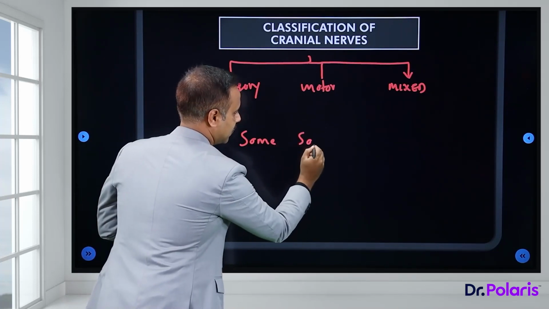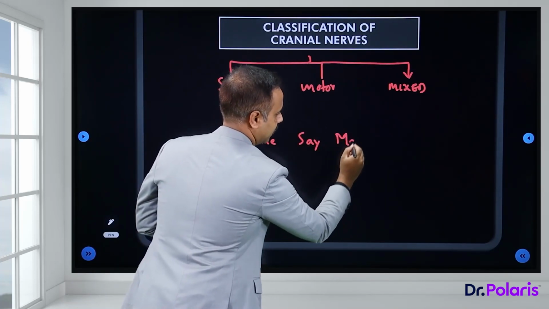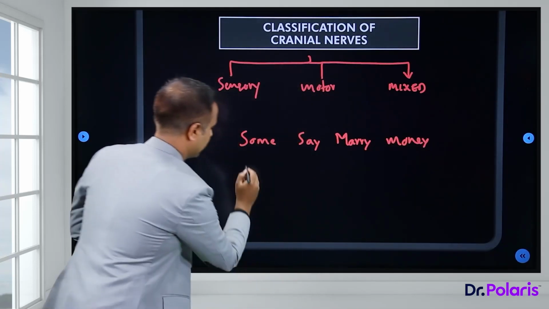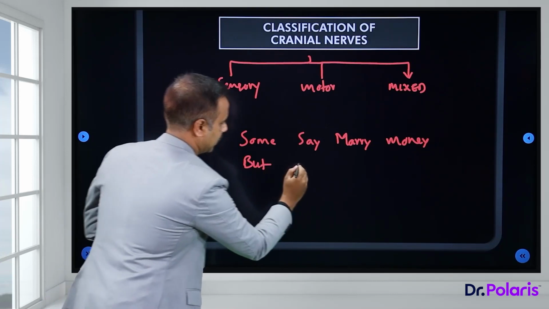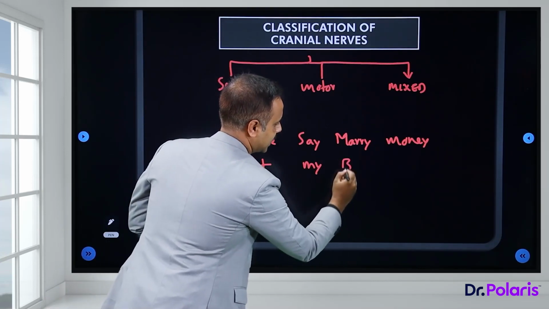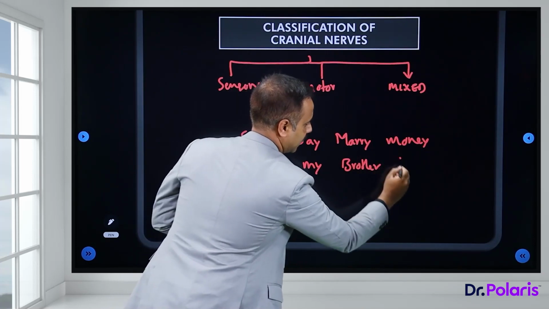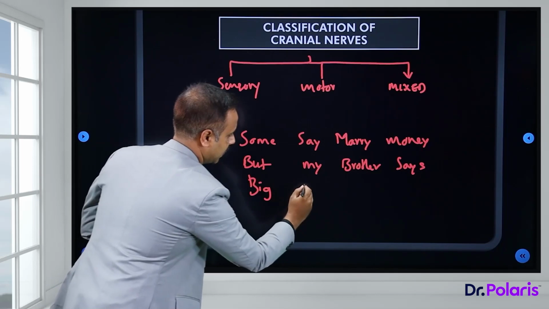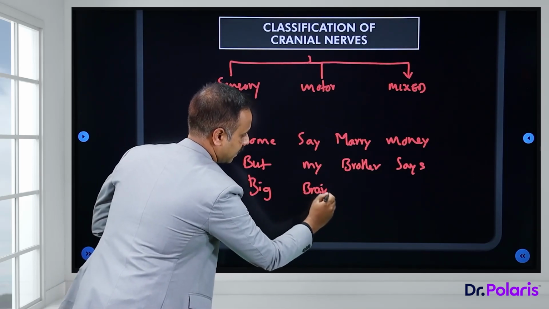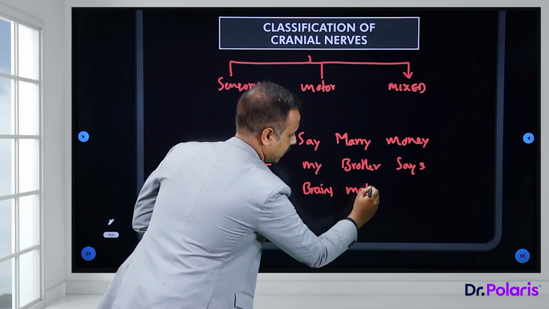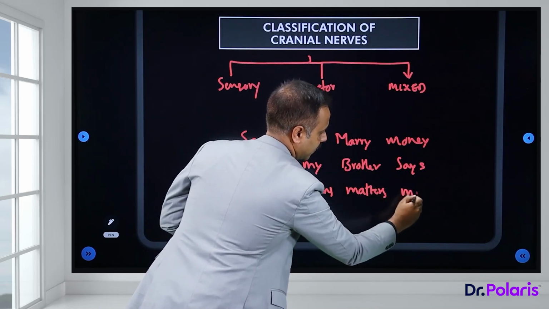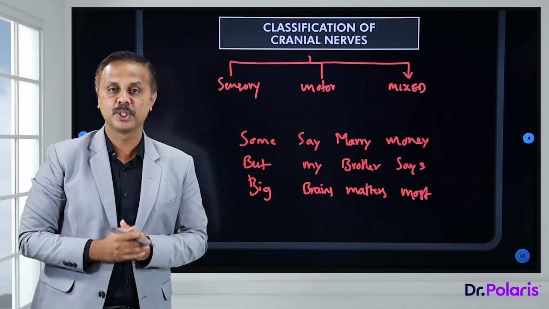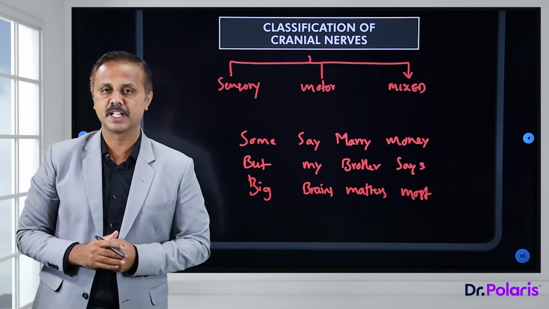Some say marry money, but my brother says big brains matters most. Now, this is the mnemonic that we can use to remember the classification of cranial nerves.